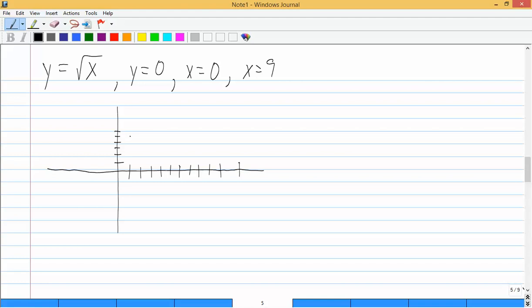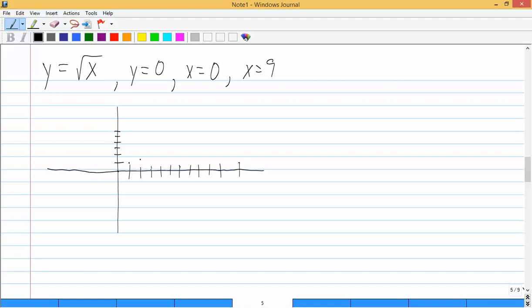All right. So what happens with y equals the square root of x? As x increases, we take the square root of that x, and that gives us the y. So, if x is 0, we're right here at 0. If x is 1, we're right here at 1. But then if x is 2, the square root of 2 is about 1.41.